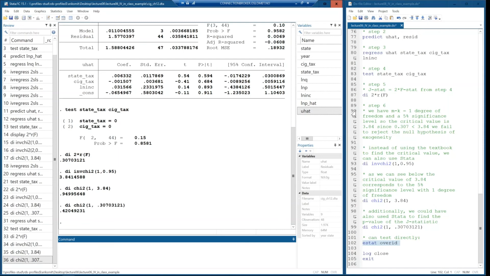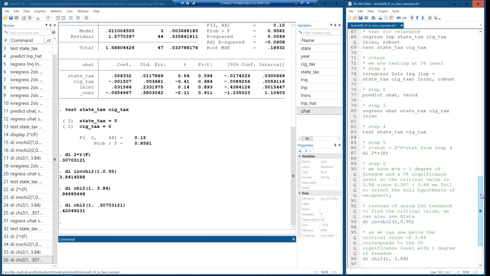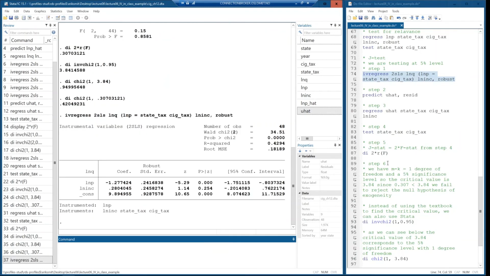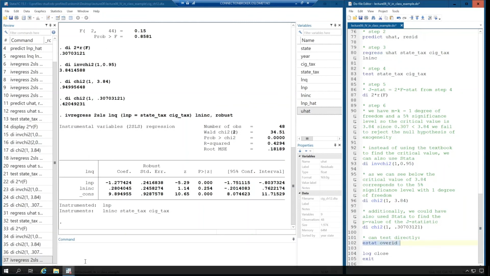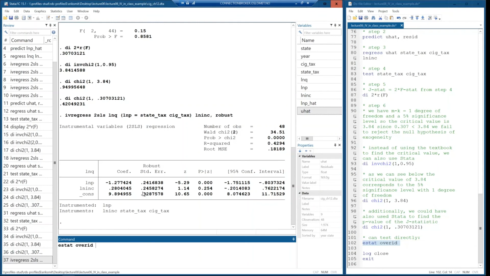However, we need to run the two-stage least squares regression again, and then straight after you have run this regression, you can just write estat overid.